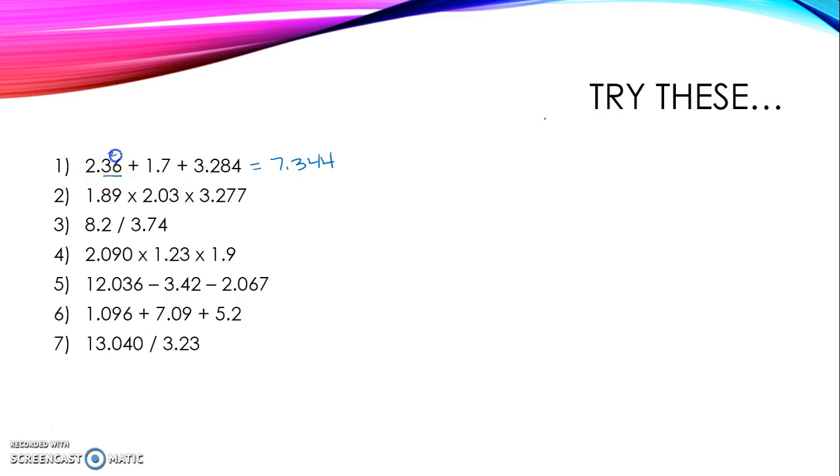This one has 2, this one has 1, and this one has 3. The smallest is 1, so we round to just 1 number after the decimal. The 4, does it make the 3 change? No, so 7.3.